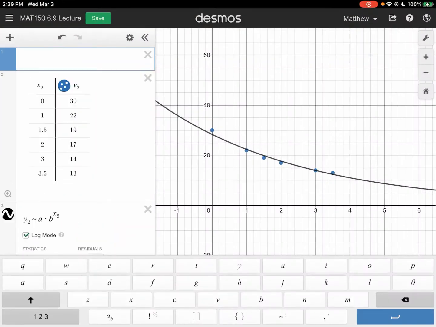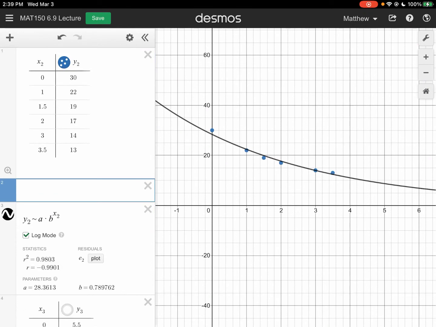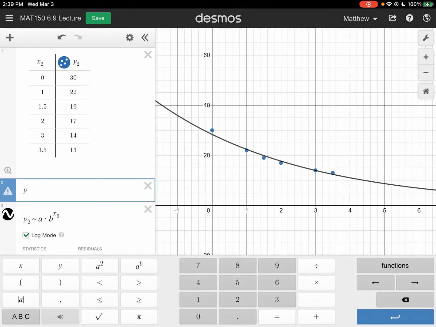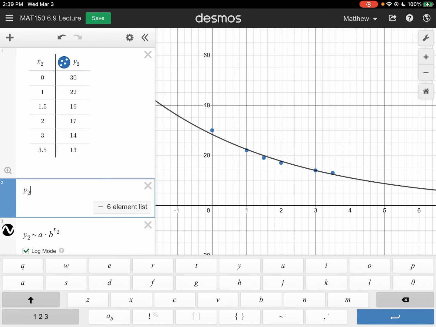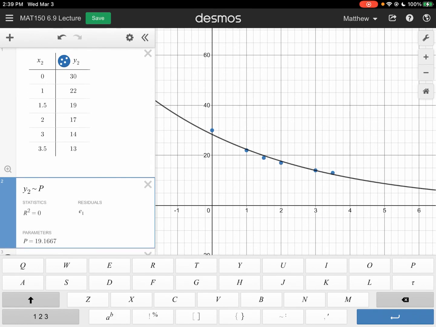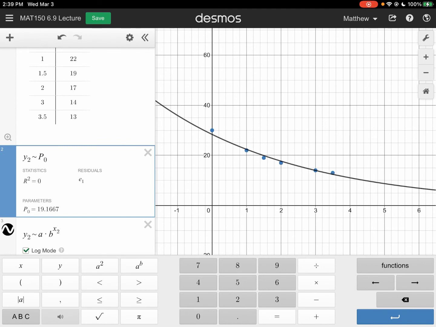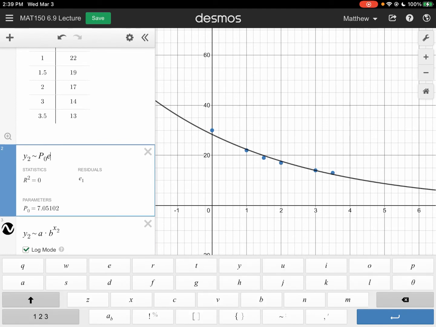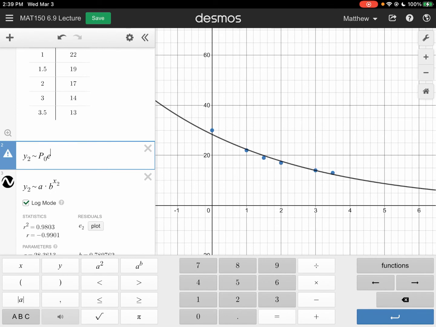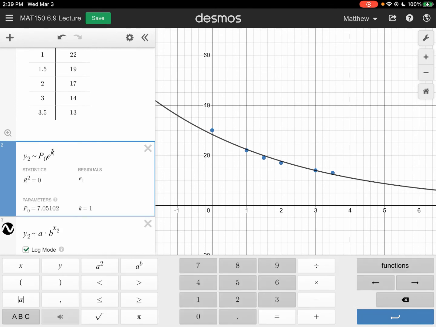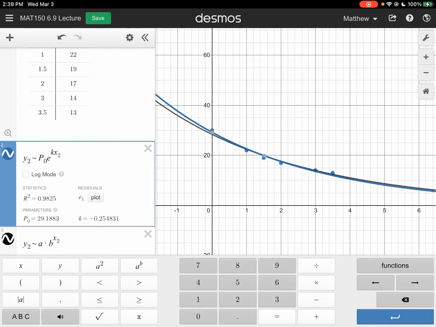So let's insert an expression. We move this down here and type in y sub 2 tilde, let's go ahead and call it P naught, to be all official. P sub 0 times e raised to the k times x2.